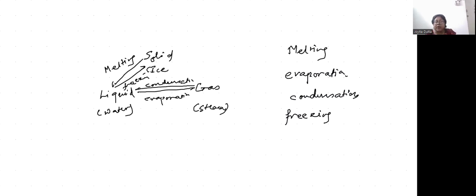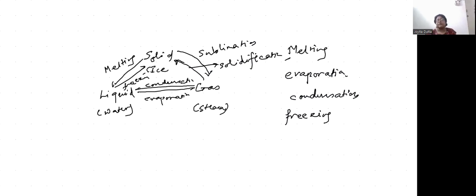Now, if solid gets converted to gas directly, it is known as sublimation. And the opposite is known as solidification. For example, camphor: it doesn't pass through a liquid state.